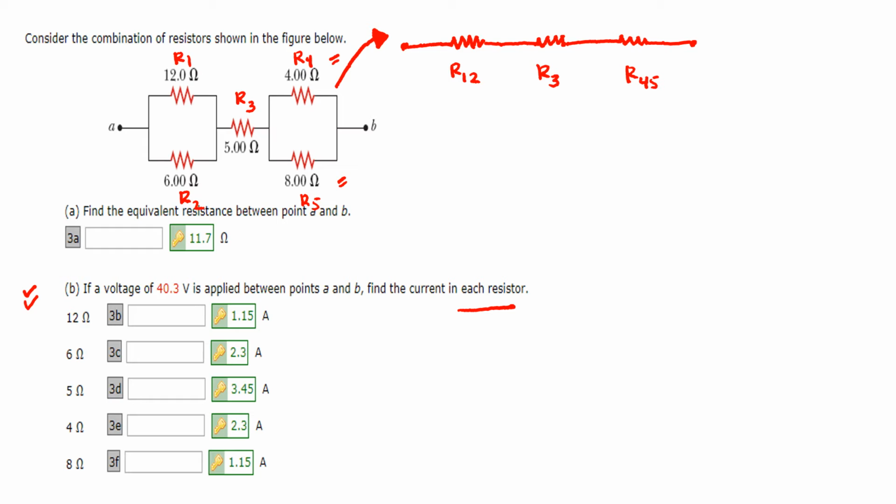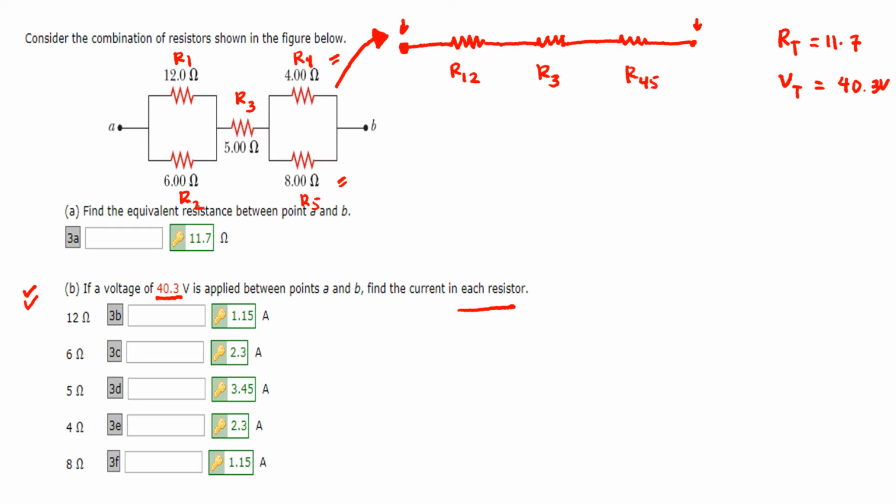We were able to solve for the total resistance, and that is equal to 11.7 ohms. We are also given in the problem the voltage across A and B, so that is in fact our total voltage, and that is equal to 40.3 volts.